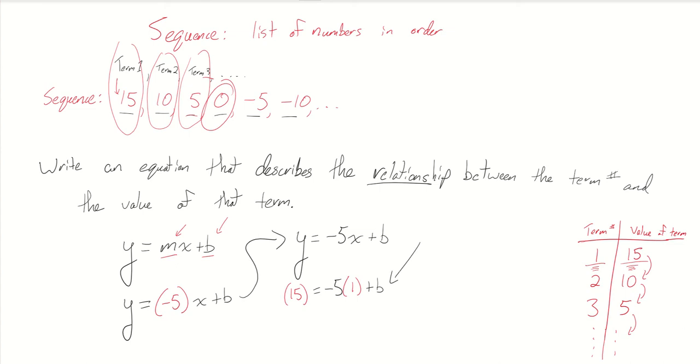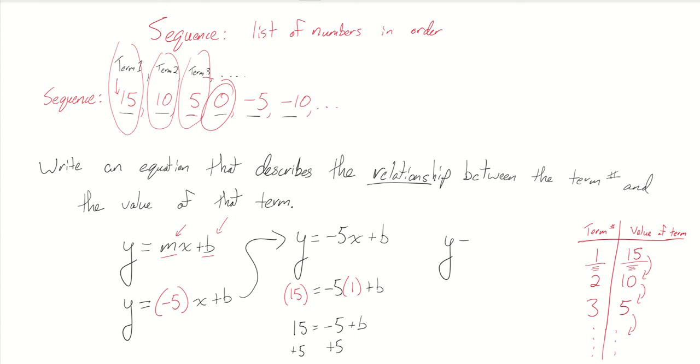I can see that b is my only unknown left. So simplifying here, we have 15 equals negative 5 times 1, which is negative 5. I can add 5 to both sides, and I see that b must be 20. So that's a more systematic way to find that constant that you should be adding.